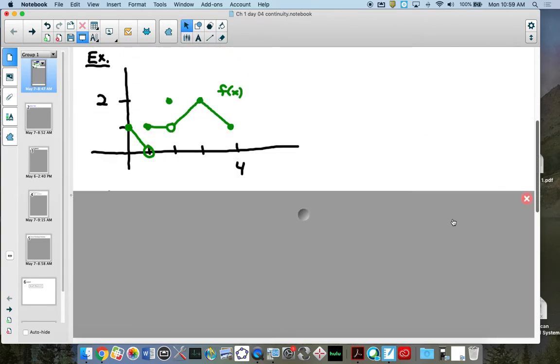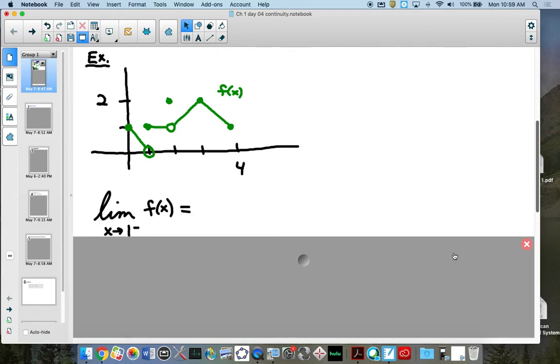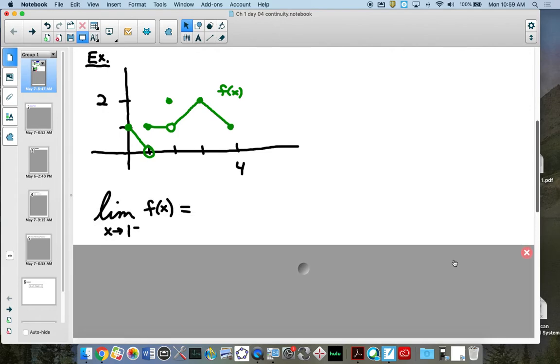I have this well-drawn sketch of a function, passes the vertical line test. So let's look at a few of these. What's the limit as x approaches 1 from the left? If we're traveling along this curve as we approach 1 from the left, obviously we are approaching 0.